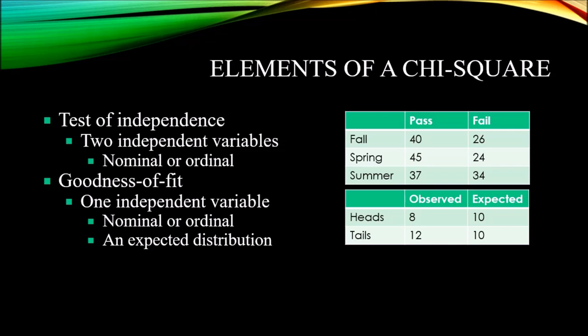So in this example, the row total would be 40 plus 26. The column total would be 40 plus 45 plus 37. Those two totals would be multiplied together, and that would be divided by the sum of all of the values from all 6 cells that we have here. So we're comparing actual values to expected values.